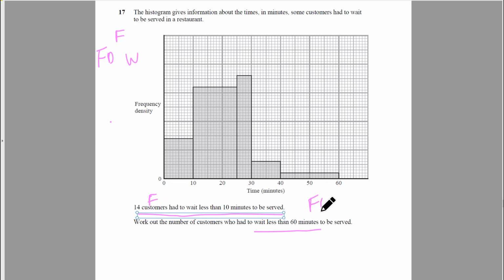So FD equals 14 divided by 10 equals 1.4. So that has to equal 1.4 here. So we can see that's 1 and that's 2. Okay. Wait, less than 60 minutes, so we need to work that out. So this is worth 14.